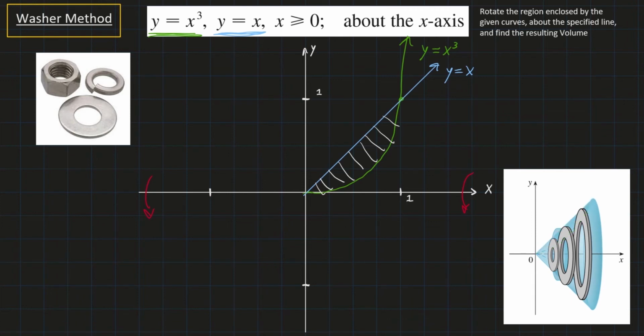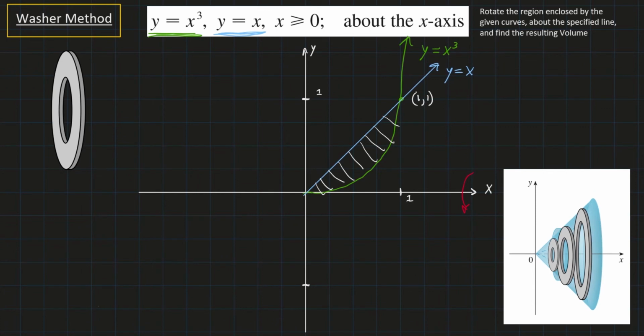So, we use the washer method if our 3D shape volume can be visualized as a bunch of these washer shapes stacked on each other, but not a bunch of disks stacked up on each other. This is the washer approach. So, how do I form one of these washers? Well, it's not too bad actually.